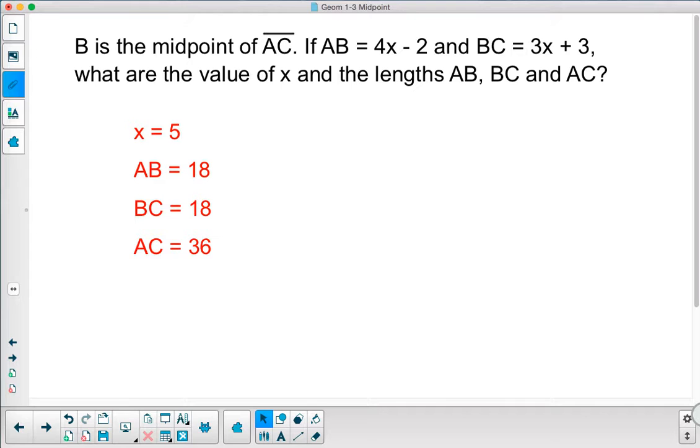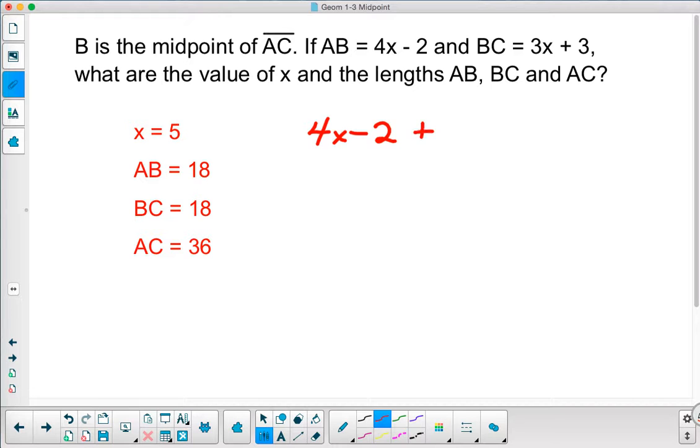Okay, here are the solutions that you should have gotten. The equation you used probably was 4x minus 2 plus 3x plus 3 equals... not equals, how about equal each other?